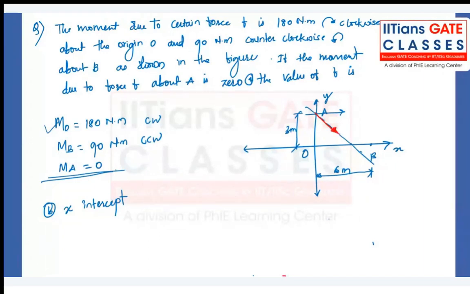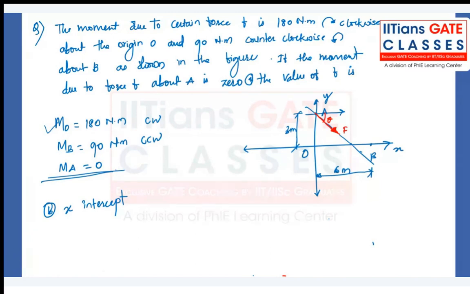So now at least you got some idea that at certain angle theta we don't know, the force F is there, which is creating a zero moment about A because it's passing through A. It is creating a clockwise moment of 180 Newton meter about origin and counterclockwise moment of 90 Newton meter about point B. So now let's try to solve the problem.